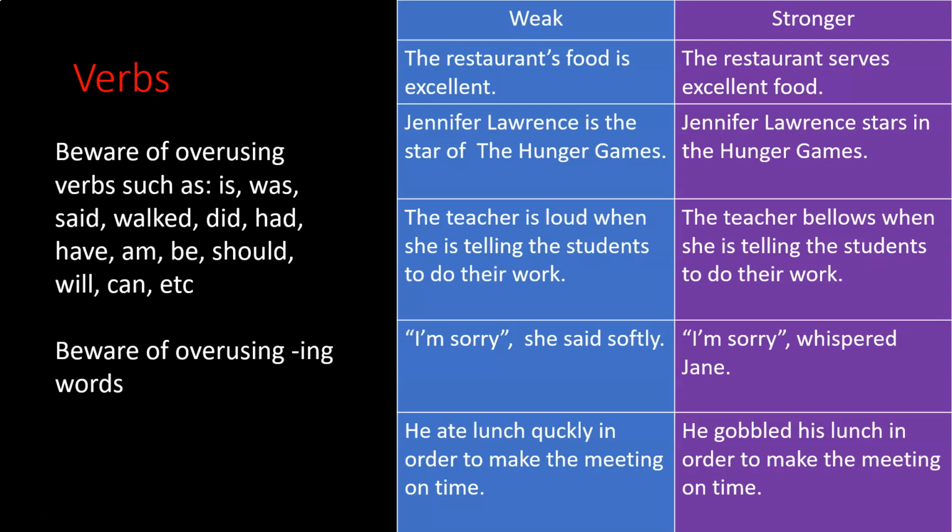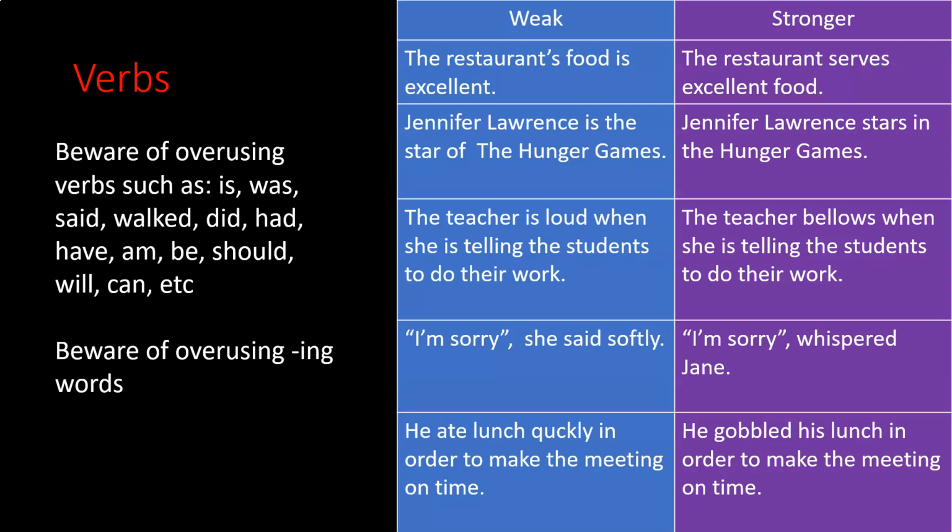So sometimes, rather than having a basic verb and an adjective to go with it, for example, he walked slowly, there's our basic verb walked and our adverb slowly, we could change that and say he ambled or he sauntered, and there we're getting a more sophisticated and better image, because walking slowly is almost a statement of fact, whereas ambled or strolled or sauntered give a certain sense of emotion and feeling as well.